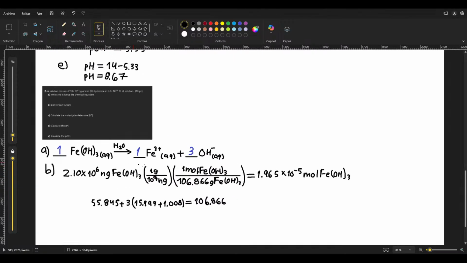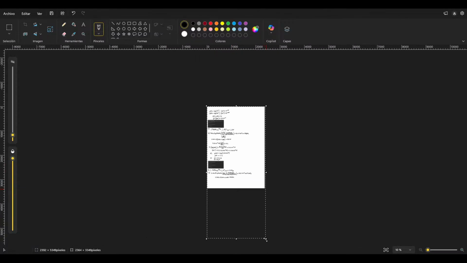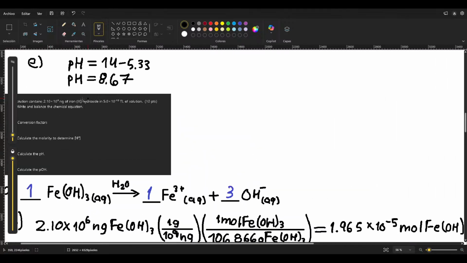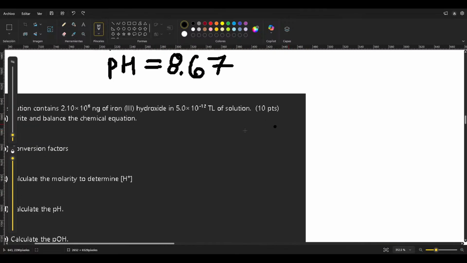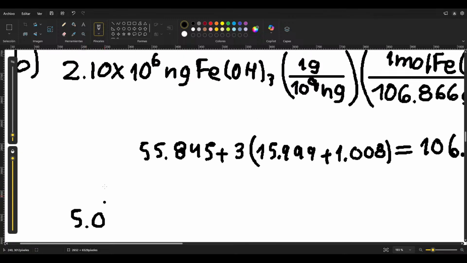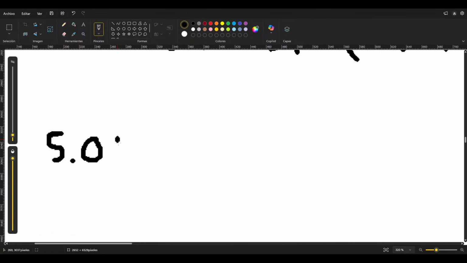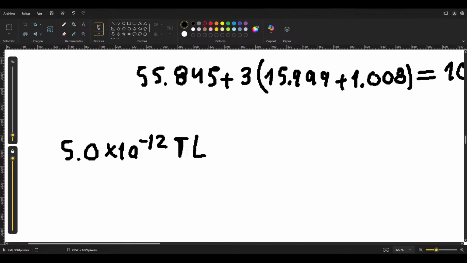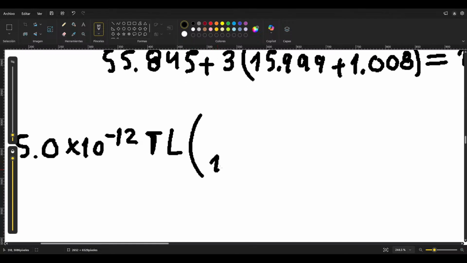Okay, we did this conversion factor, and now we're going to convert the volume of the solution. So 5.0 times 10 to the negative 12 teraliters. 1 teraliter is equal to 10 to the 12 liters.